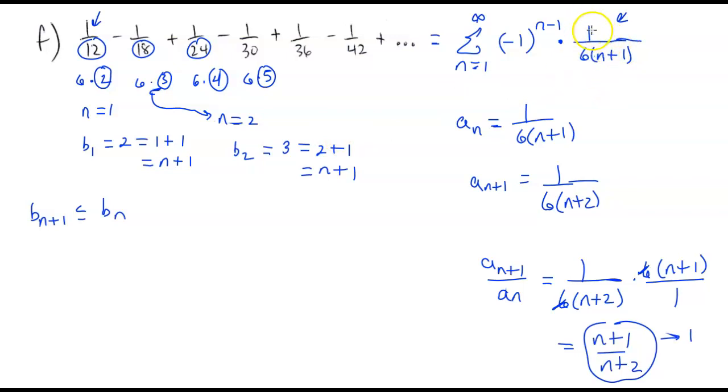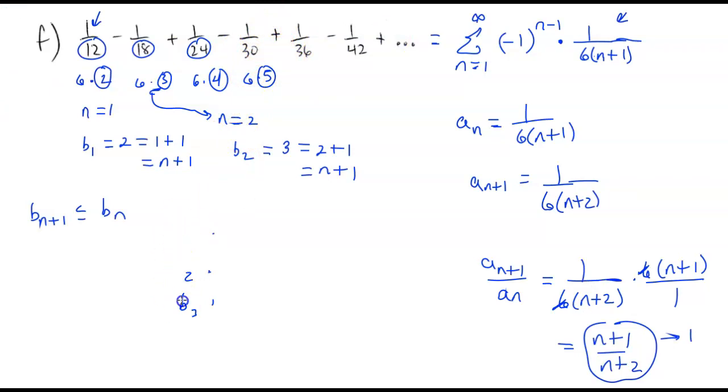I'm not going to list these values out, but whenever we start plugging in higher values of n, the b sub n plus 1 value is always going to be less than the b sub n value. In other words, for b1, b2, b3, we know that b3 is a number smaller than b2, which is a number smaller than b1. So we already know that.